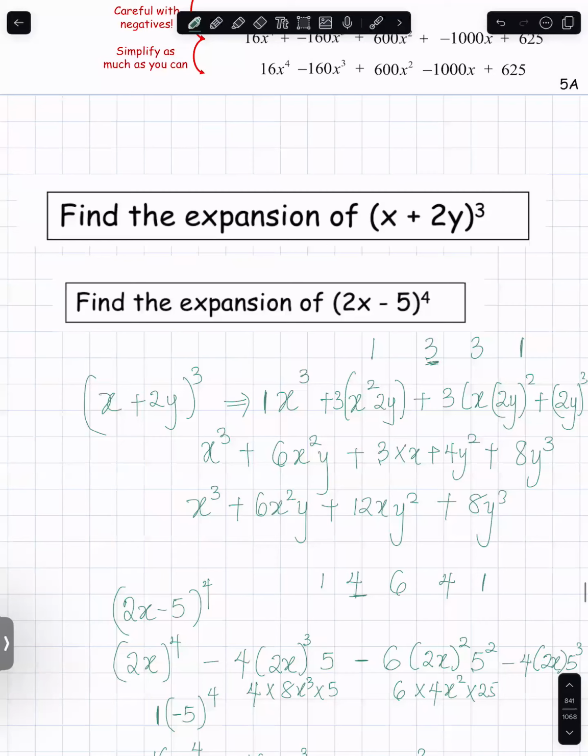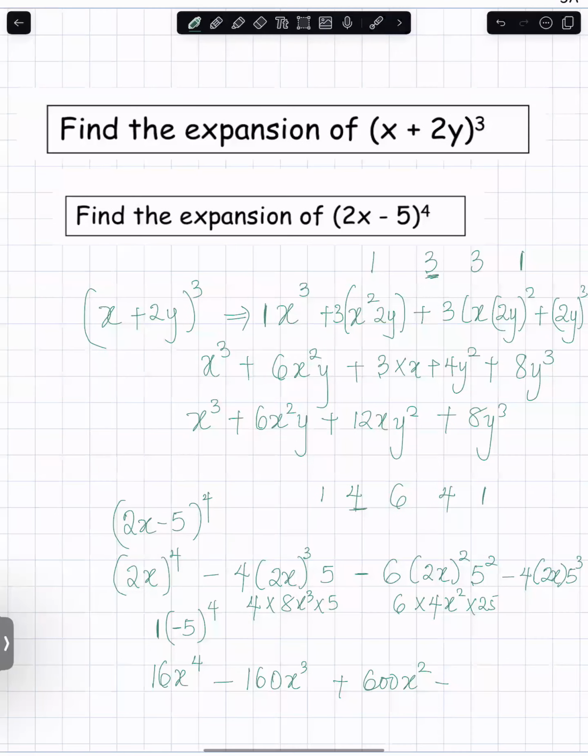So we have 1,000x there. And the last guy will be minus 5 to the power of 4. That gives 625. So we have plus 625.